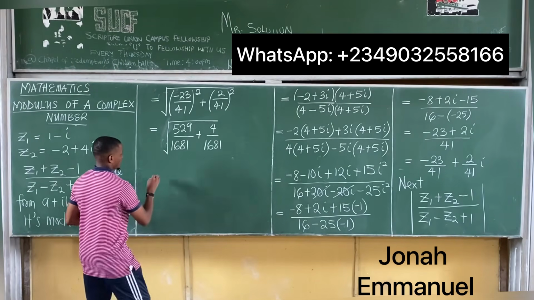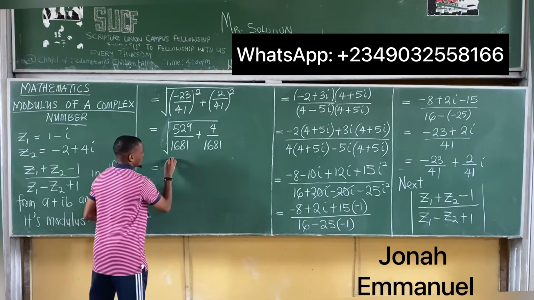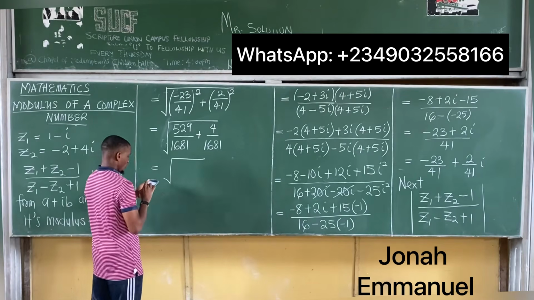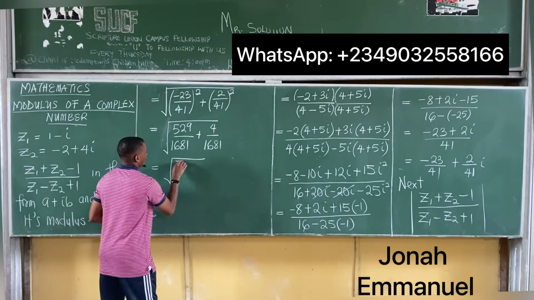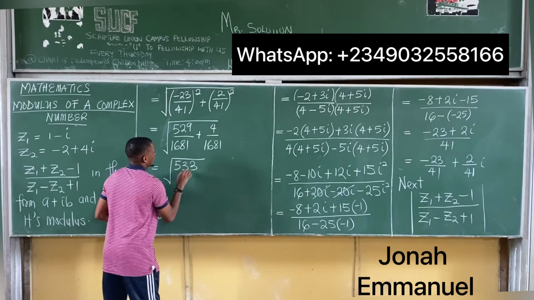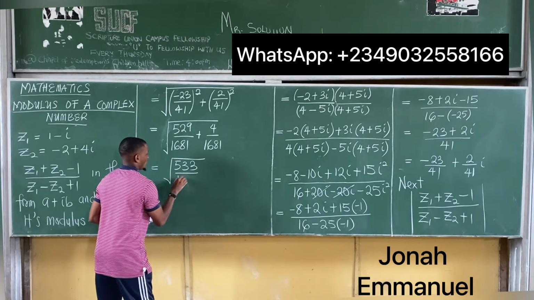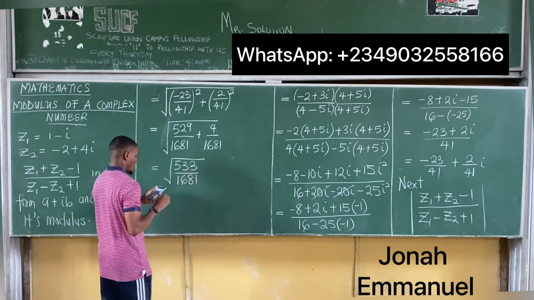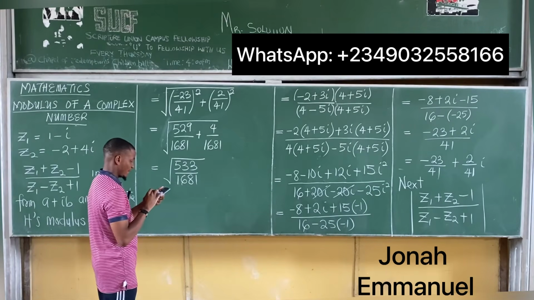So if I sum this up, same denominator, I'll be having the square root of 533 all over 1681. So I have this one here.